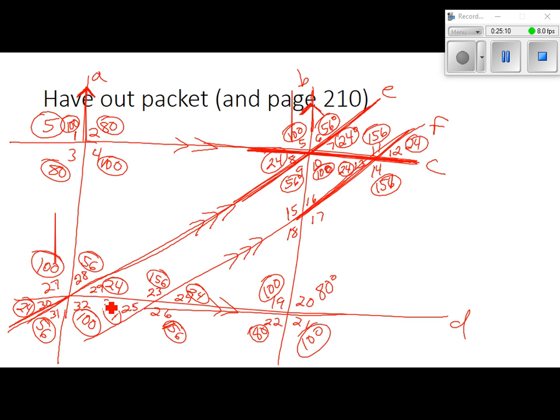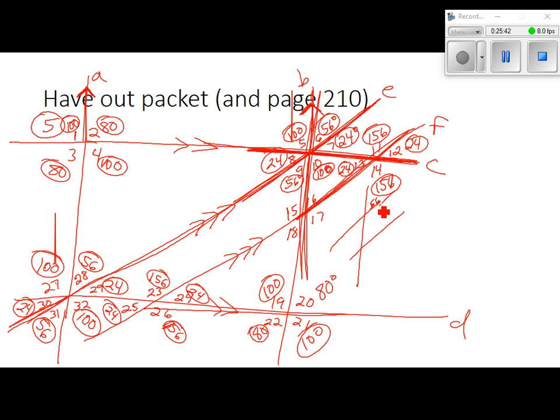Now you have to be careful. Are all these the same as these? Now on this, what we'd have to do to figure out 15, 16, 17, 18 is use that as our transversal. So we have our two parallel lines, and we have this coming down. How much is this angle right here? 56. Everybody agree with that?